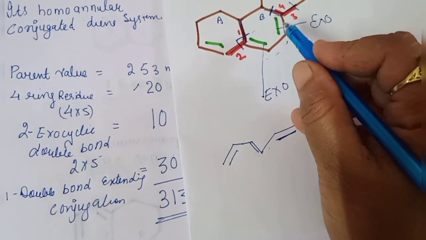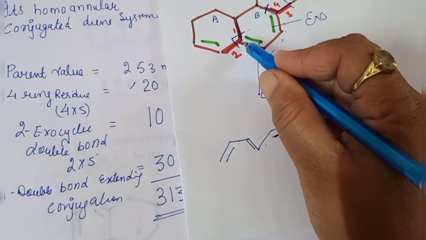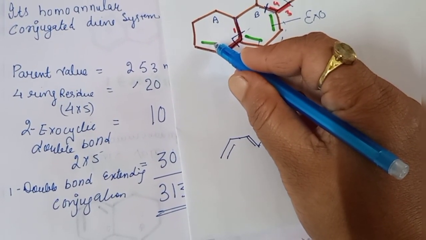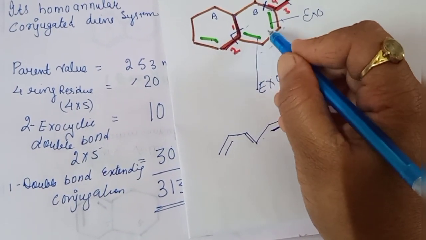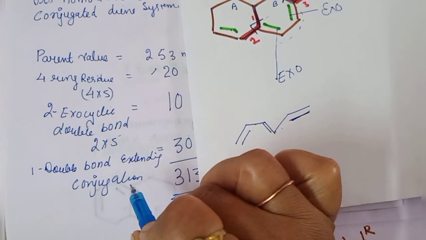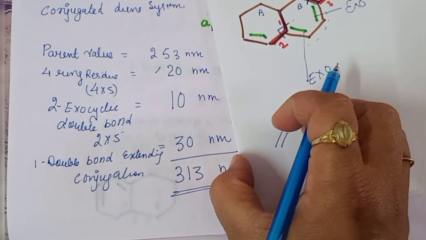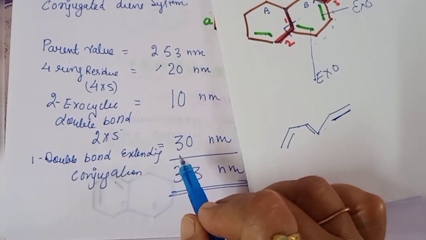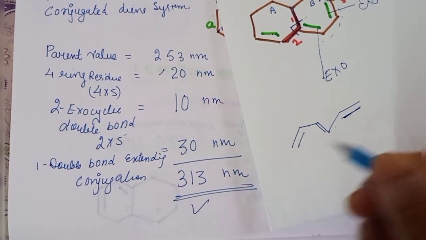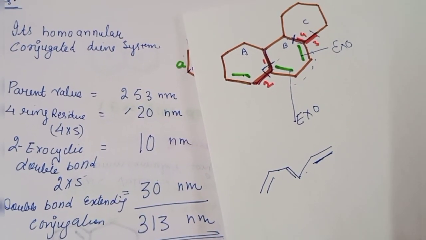So this is your 1,3-butadiene cis form, then single bond here, then one double bond came. So this green bond is extending the conjugation, means alternate double single, alternate double single. So when one double bond in conjugation is present, the +30 is added, so total will be your 313. So this is our lambda maximum value for this particular compound.